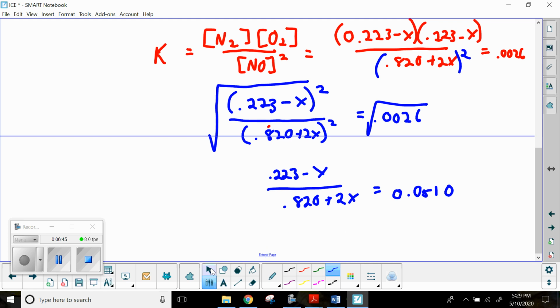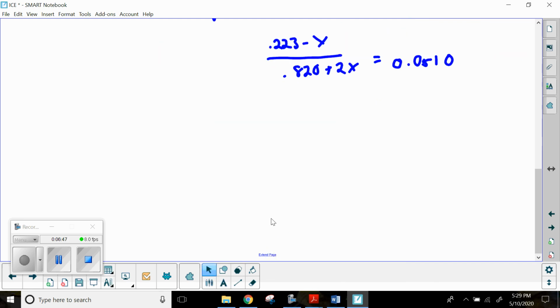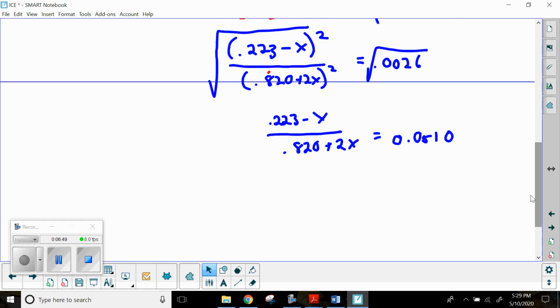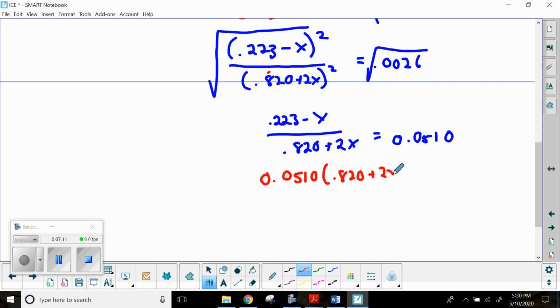All right, still doing this algebra thing. So now what I'm going to do is get rid of the fraction by cross multiplying. So to do that, I'm going to say 0.0510 times the 0.820 plus 2x equals 0.223 minus x.